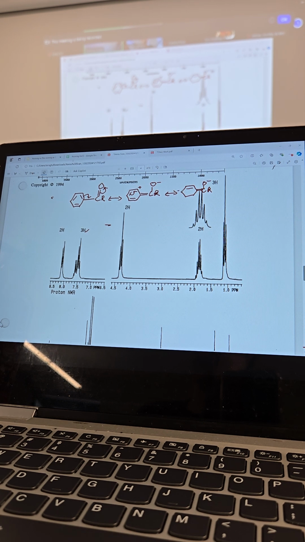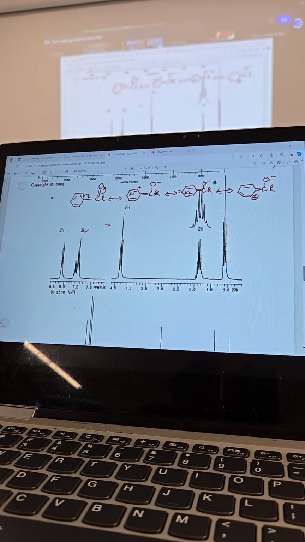Now this carbon is positive. And we keep going. And this carbon becomes positive. Oh, it's the alternating thing. Exactly. Thank you. Exactly.